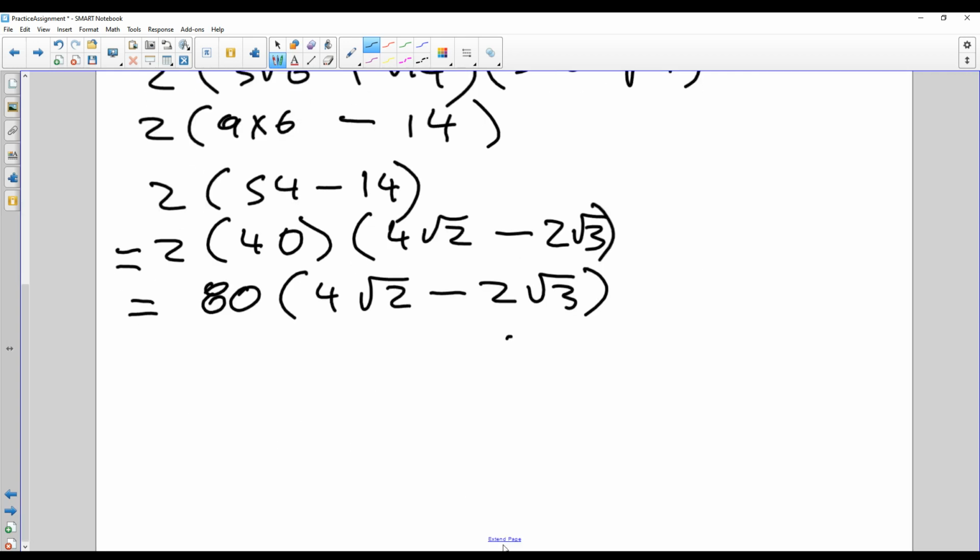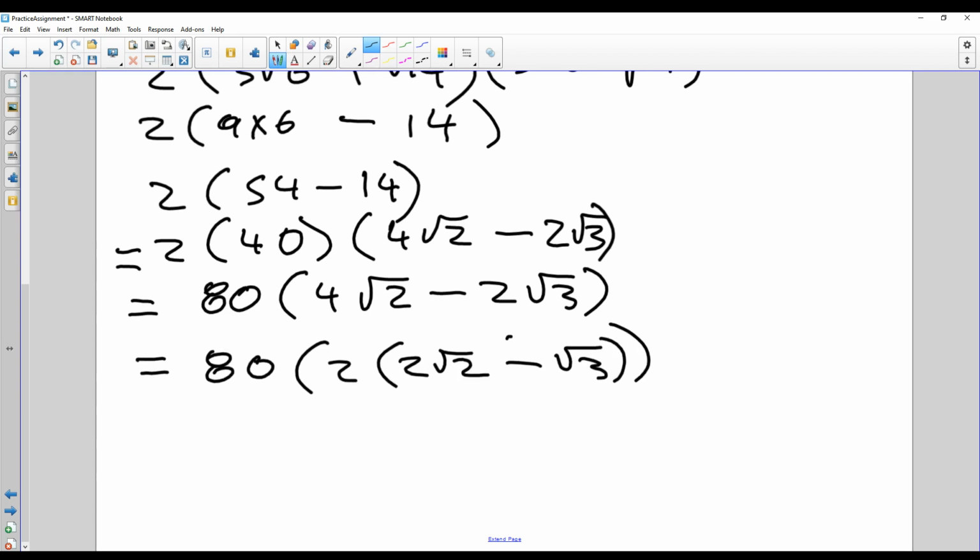And I could factor out 2 out of this bracket as well: 2 into 2 root 2 minus root 3. So at the end of the day, I'm going to have 160 into 2 root 2 minus root 3.